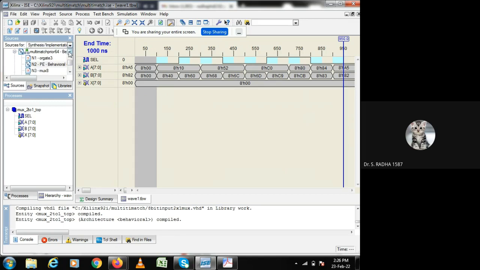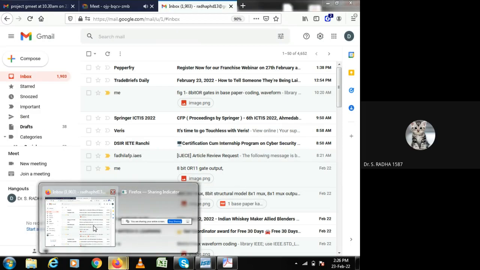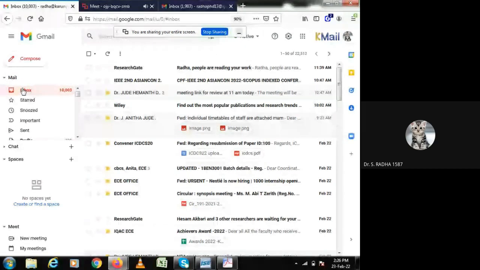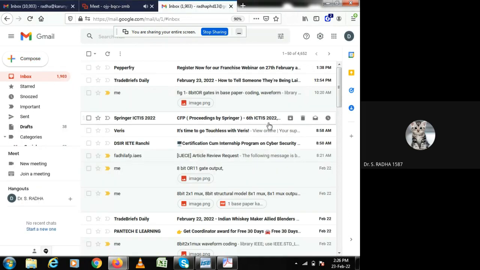So the 8 by 1 mux here. Yes, I have deleted some things, and somewhere it went wrong, but I got the output for that also. I think I have saved it. I will search and give you that 8 by 1 mux output.